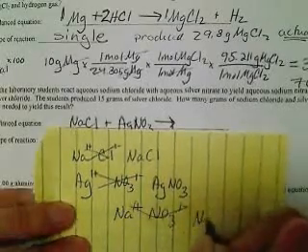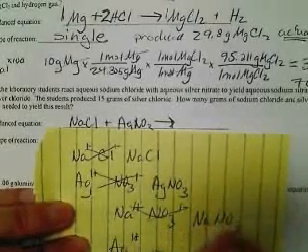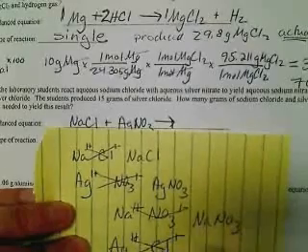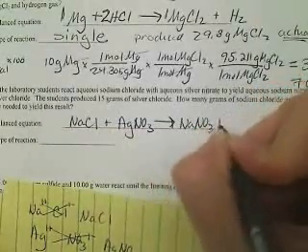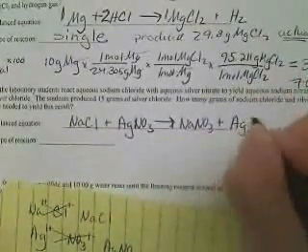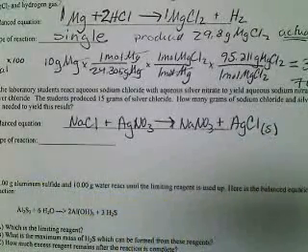Across these we get NaNO3, and then we get silver chloride, so Ag 1 plus, Cl 1 minus. We cross these, we get AgCl. So we get NaNO3 plus AgCl.